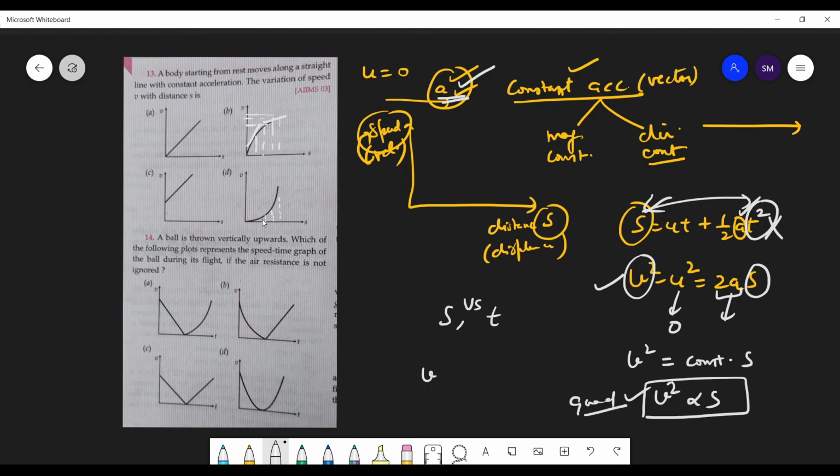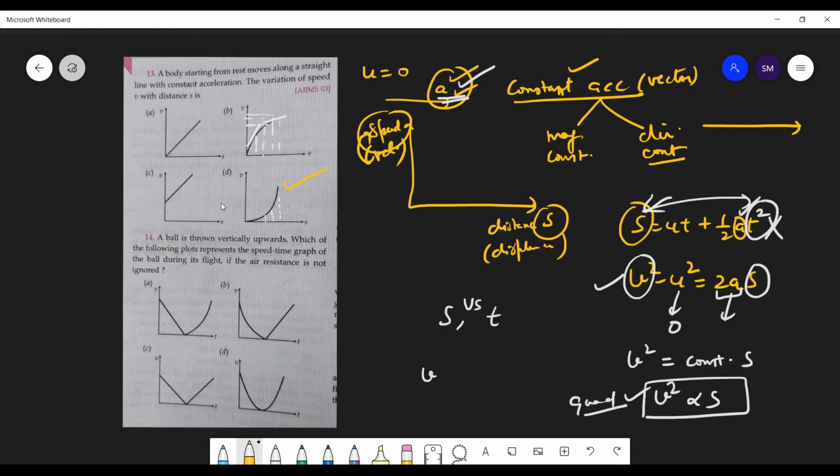So assuming this as y, this as x, always write in terms of y and x. You can understand it like this, or just very practically, as the distance is increased, velocity will be increasing. So obviously this option is correct. So parabolic. It will be symmetric about V. This graph will be symmetric about V.